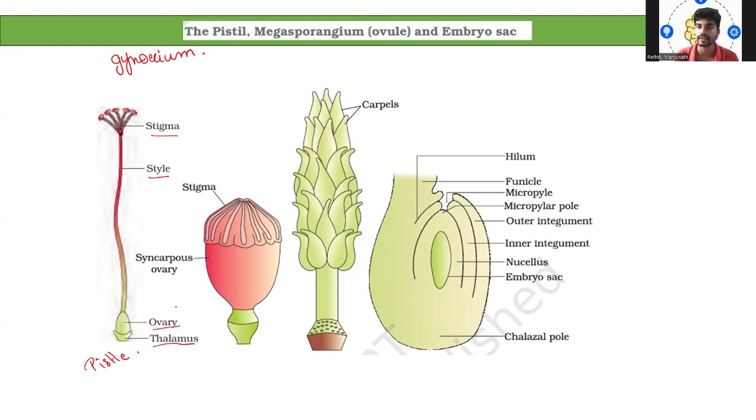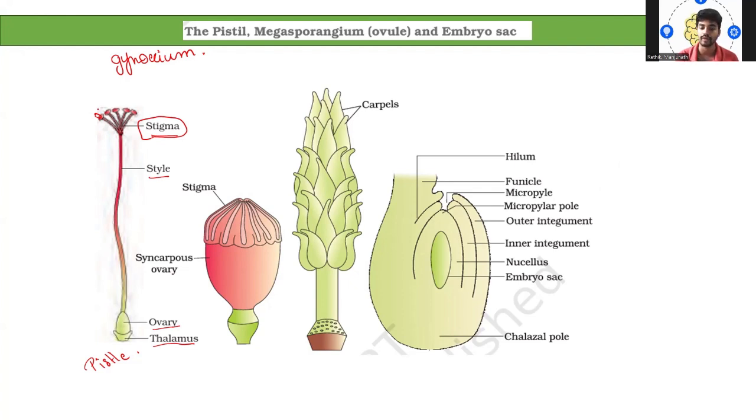The thalamus is the last part where the ovary is attached. So this is the stigma. Once the pollen grains are dispersed from the anther, they will come and sit on the stigma. And I'll explain in detail what all happens.